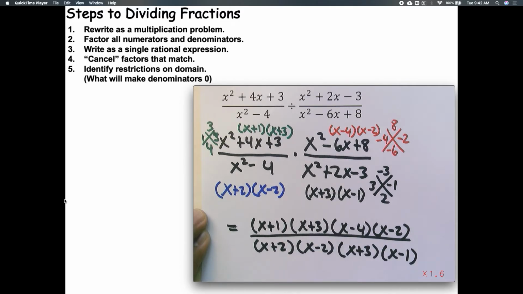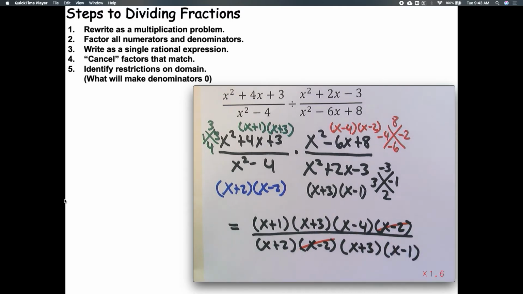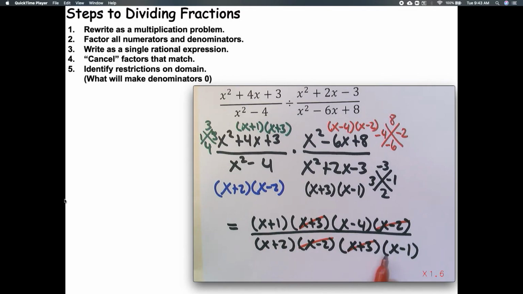And let's start canceling off. Let me cancel these in a different color. We got our x minus 2's. We got our x plus 3's. And that's it. All right.